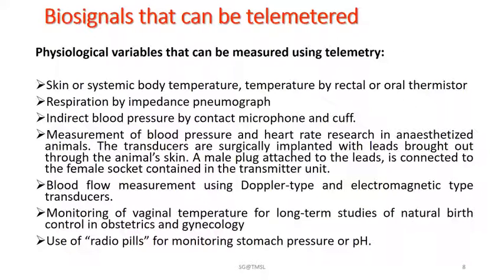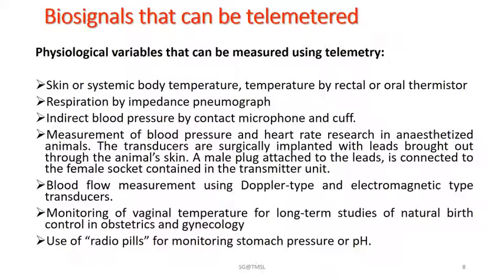Third can be indirect blood pressure by contact microphone and cuff. Fourth can be measurement of blood pressure and heart rate in anesthetized animals. Here, the transducers are surgically implanted with leads brought out through the animal's skin, and a male plug attached to the leads is connected to the female socket contained in the transmitting unit.